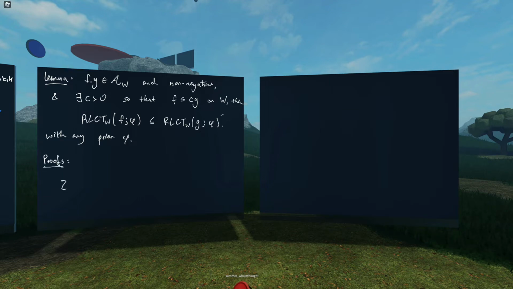So if we look at this integral of e to the minus n f(w), then just by monotonicity, you can observe that this is going to be larger than the corresponding integral, but with c g in it, e to the minus c n g(w), since f is at least c g, which of course is just Z_g(cn).